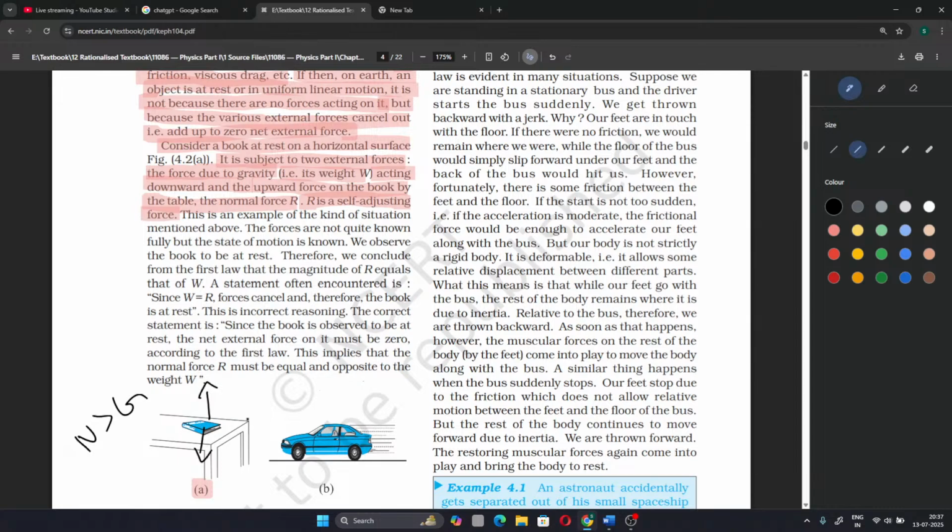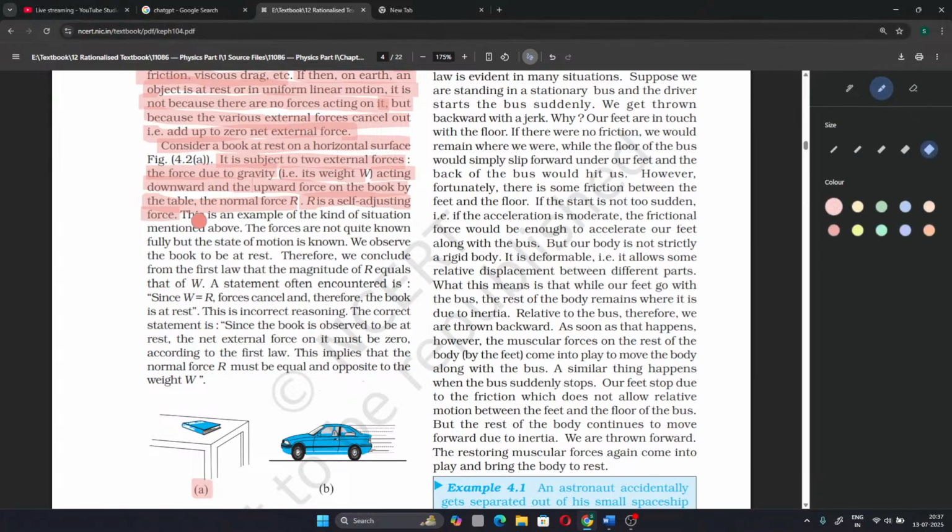Won't the book fly upward then? If the normal force acting on the book is greater than the gravitational force, then the book will of course fly upward. It will just go up into the sky. That doesn't happen here, because it is a self-adjusting force. When the gravitational force decreases, the normal force also decreases.